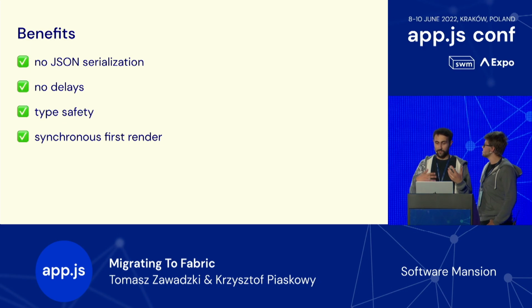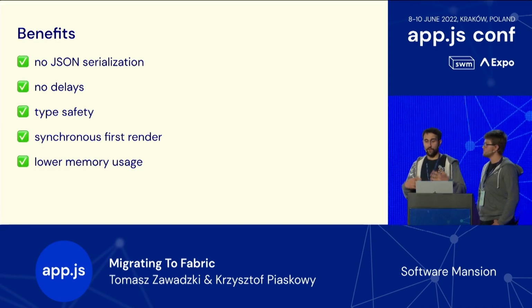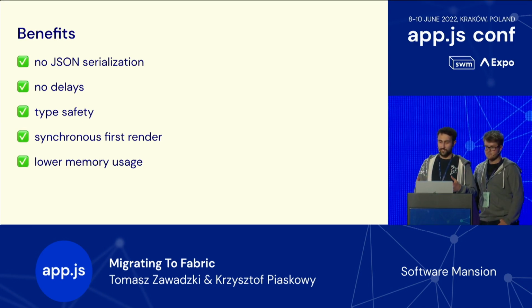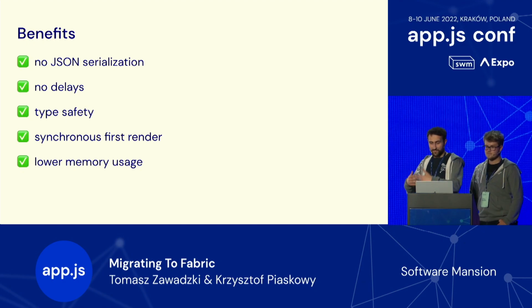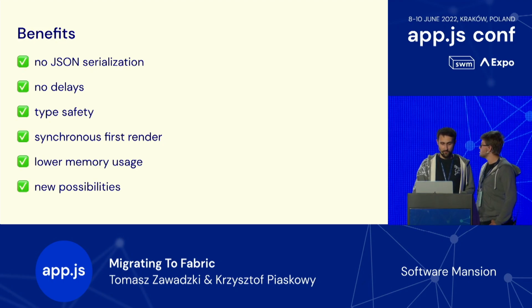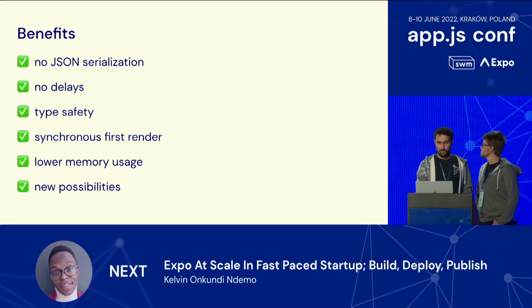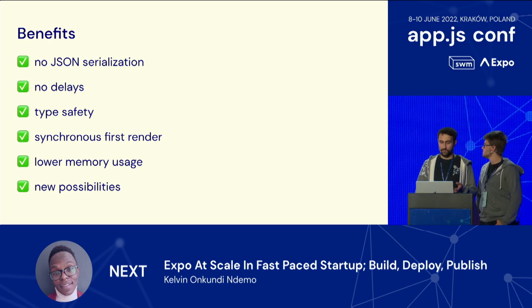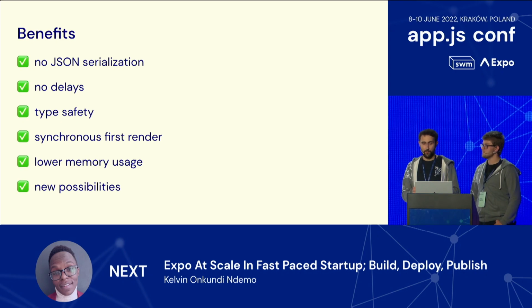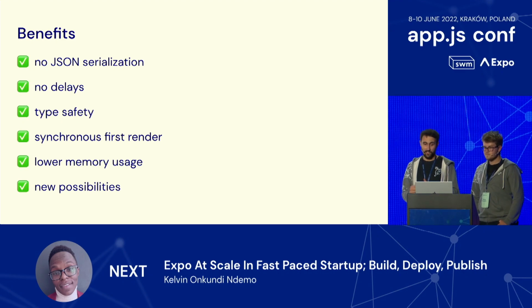Fabric comes with a bunch of improvements. For example, the first render of your application is synchronized. Well, the blank startup screen disappears faster. We observe lower memory usage since we enabled the new architecture in our application.